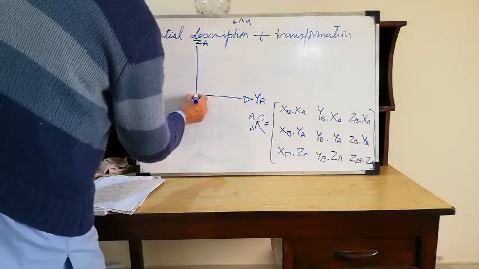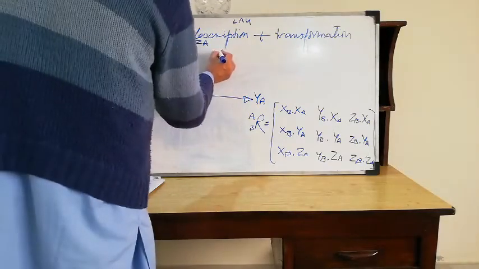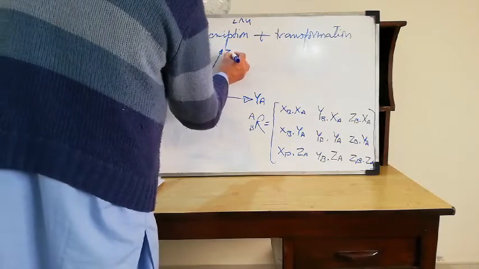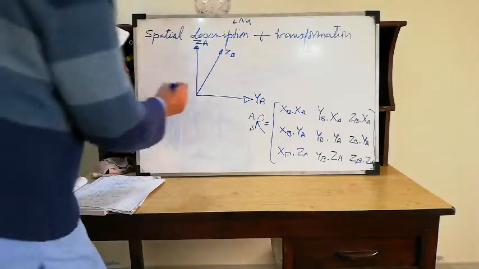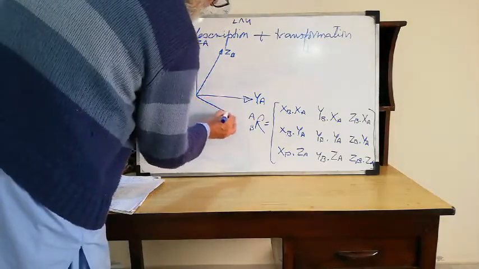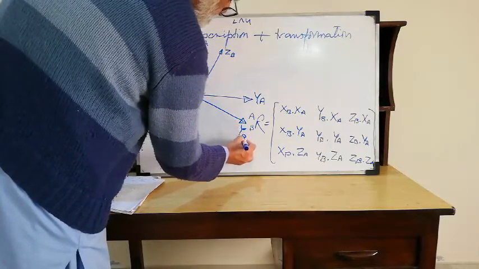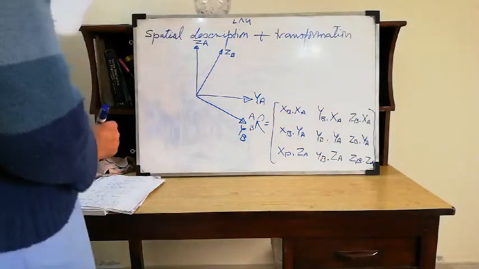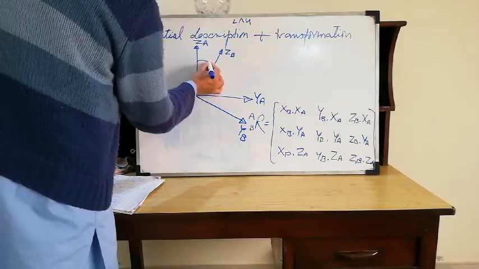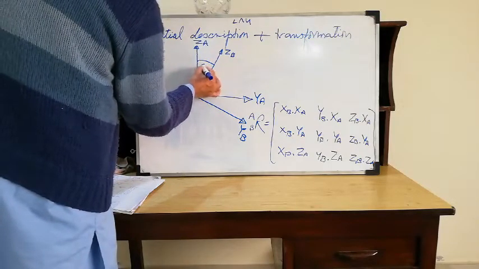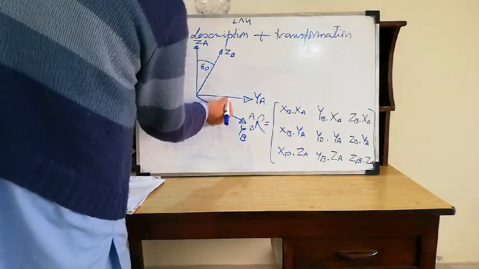This is, rotation is clockwise. So this will be ZB, that will be YB. That's angle 60 degree, and this is also 60 degree.